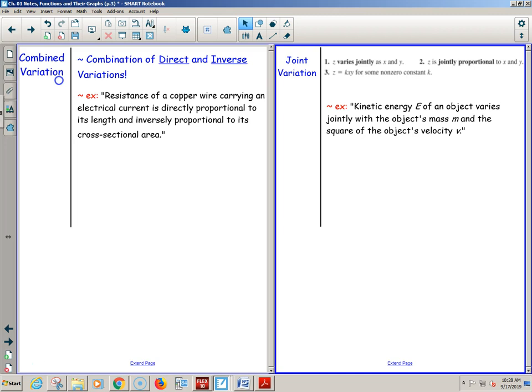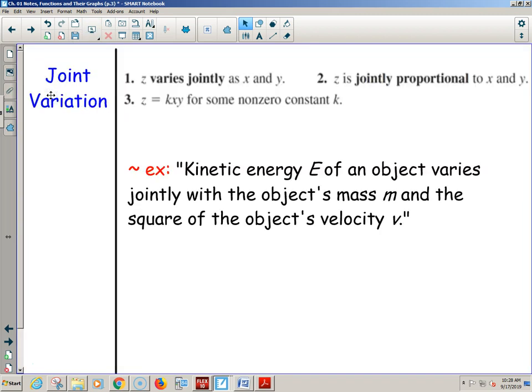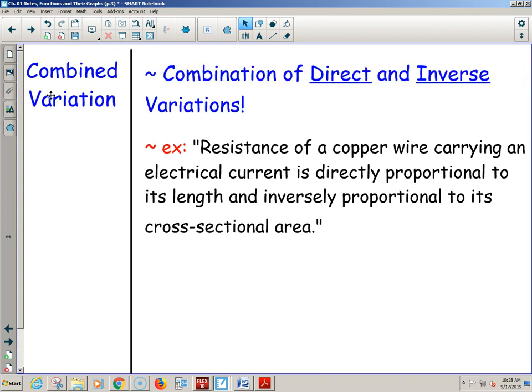Okay, I'm just reading the words. Let's figure out what they say. Some combination, combined variation. Literally, combination means combined.